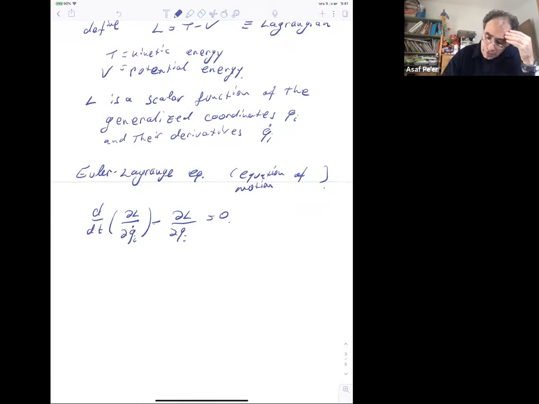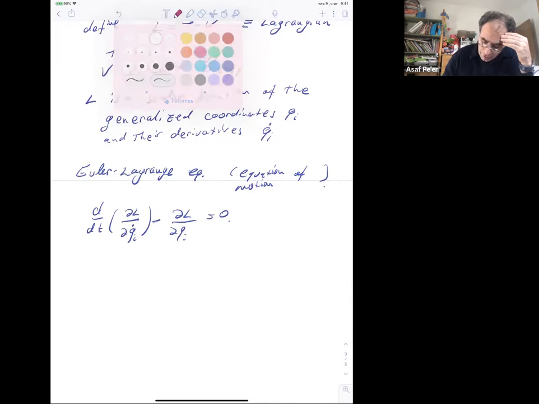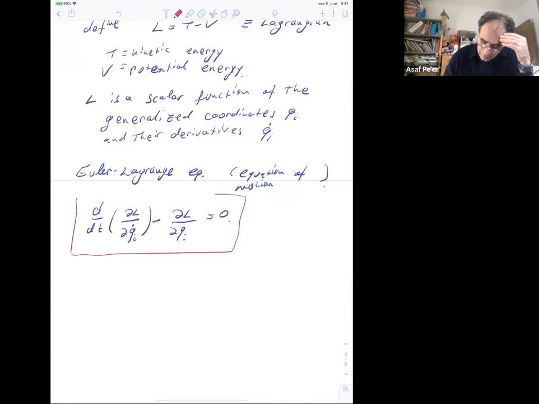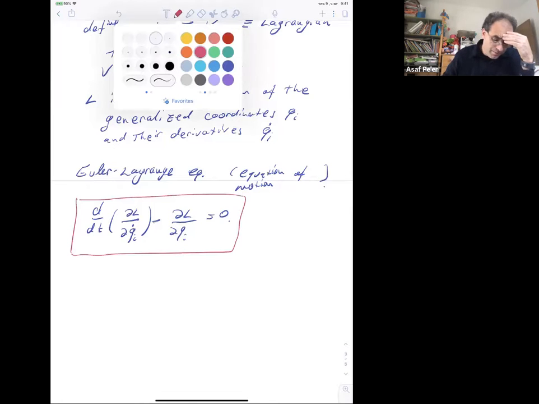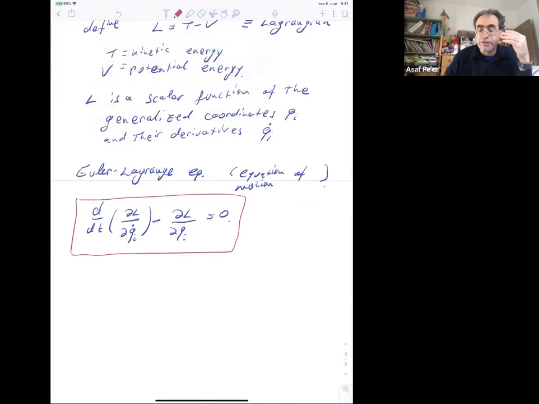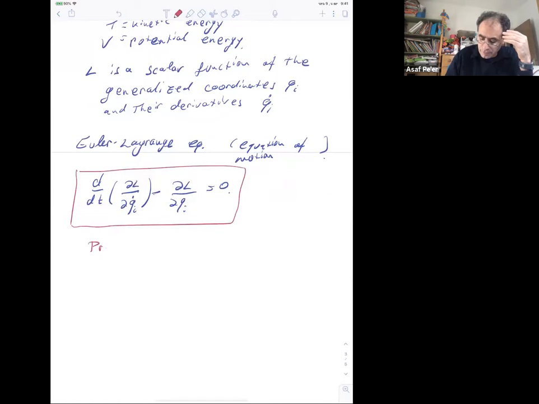Right? This is the Euler-Lagrange equation. I'm not telling you any news here, right? You've all seen that, so you know what I'm talking about. Now this can be derived also from what's known as the principle of least action. And another name for that is the Hamilton principle.